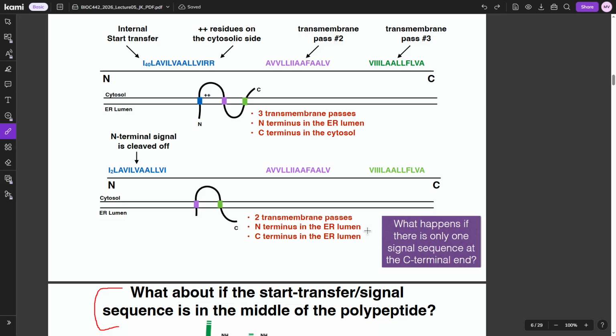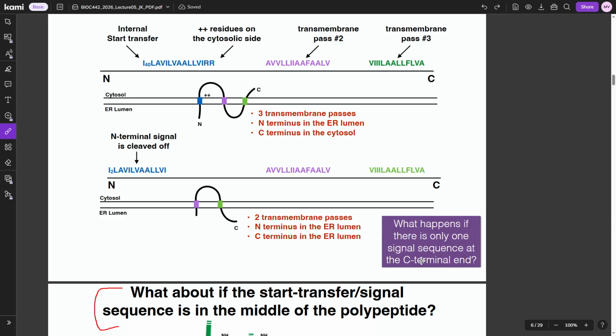I believe it would still get stuck in the membrane or the Golgi. But if it's at the very, very end of the protein, it doesn't act as a start sequence. The protein's basically fed into the ER normally, and then it's cleaved and released into the ER.